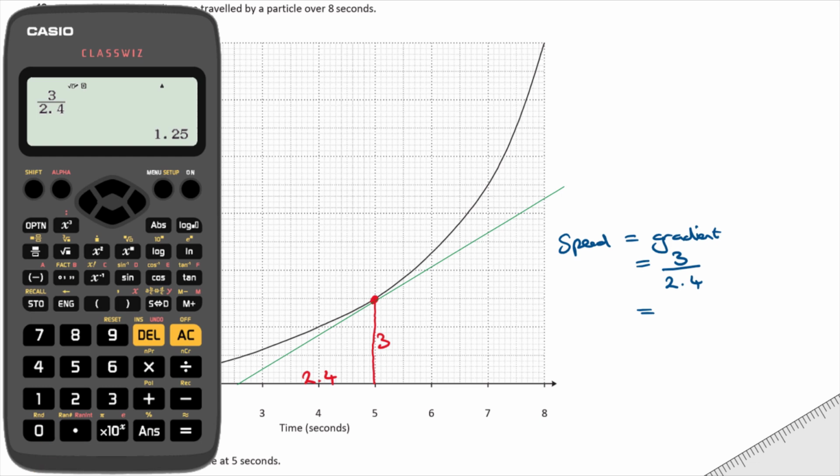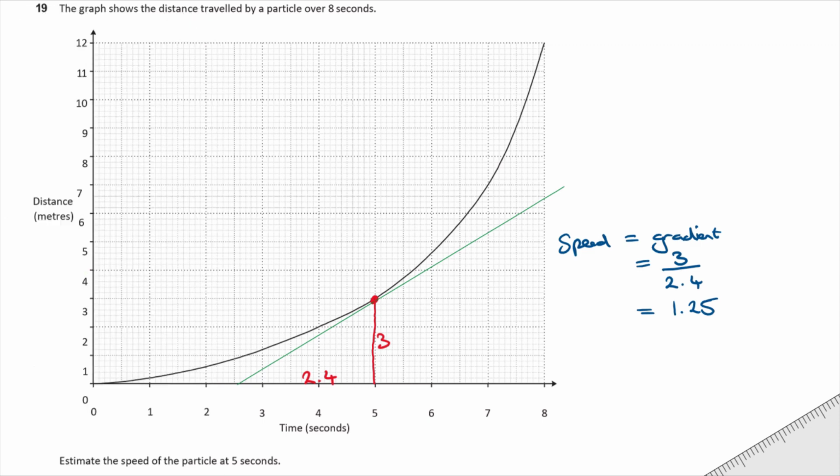That's 1.25. Time was in seconds and distance was in meters. I divided meters by seconds, so I've got meters per second, haven't I? Okay, so that's 1.25 meters per second.